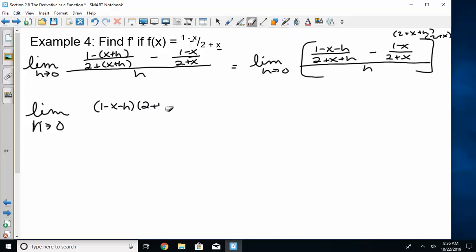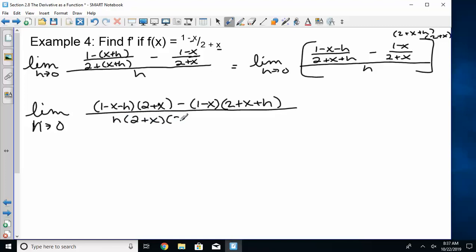Minus, this one, the 2 plus x cancels, so you have 1 minus x times 2 plus x plus h, all over h times the 2 plus x times the 2 plus x plus h.